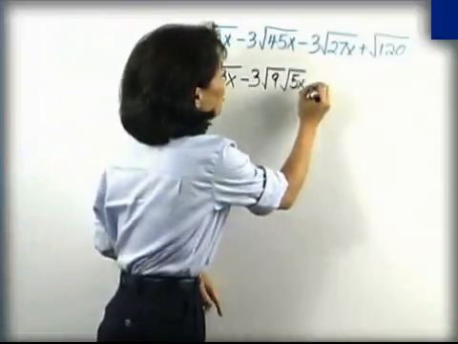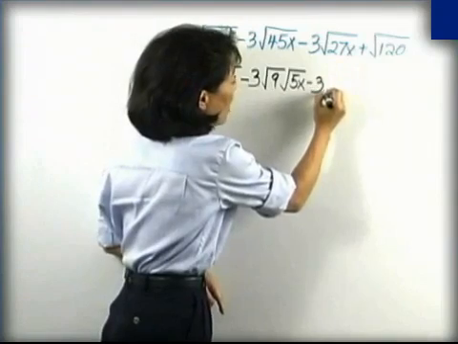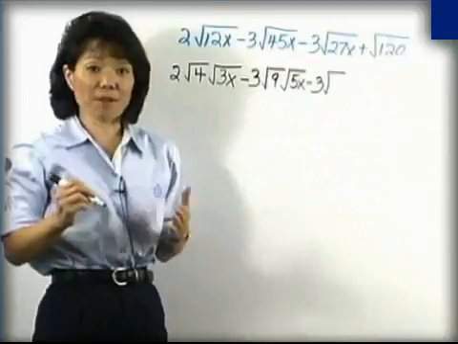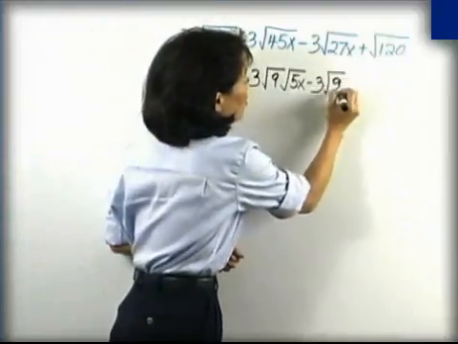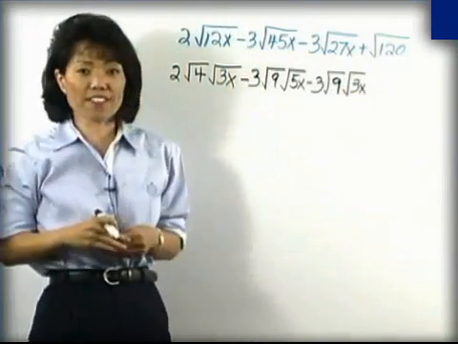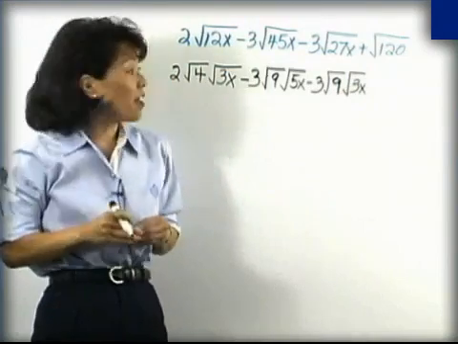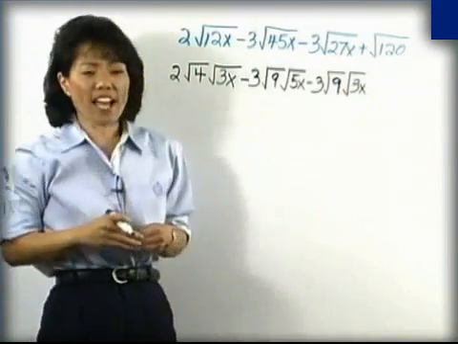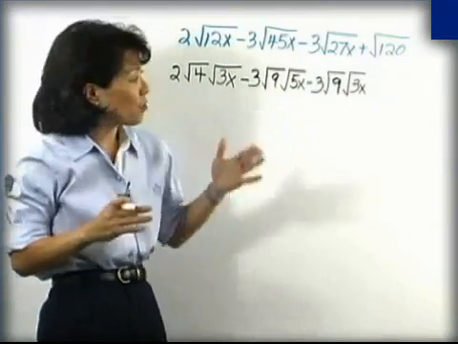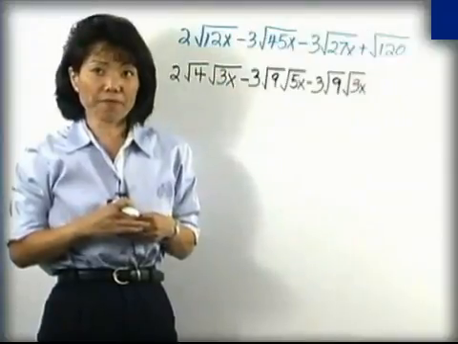Now let's continue. Using the same procedure, we're going to rewrite 27 as, are you getting it? 27 is 9 times 3. So the square root of 9 times the square root of 3x. Finally, we have our last number, 120. So we have to ask ourselves, what factor of 120 is a perfect square?